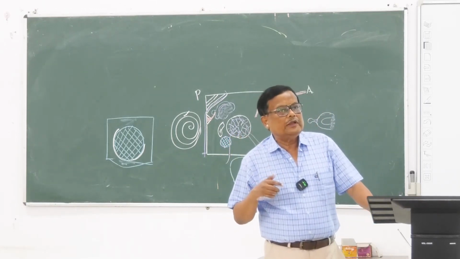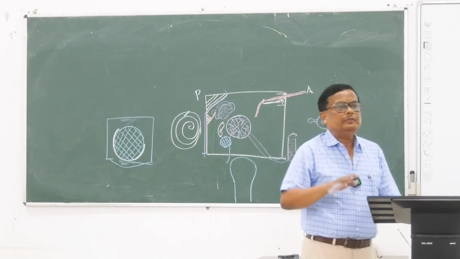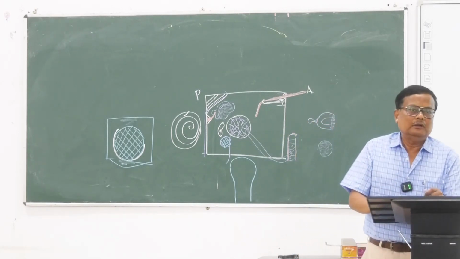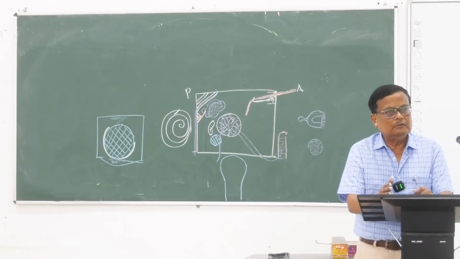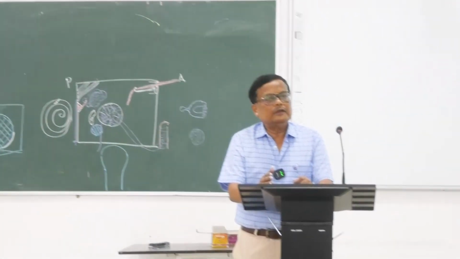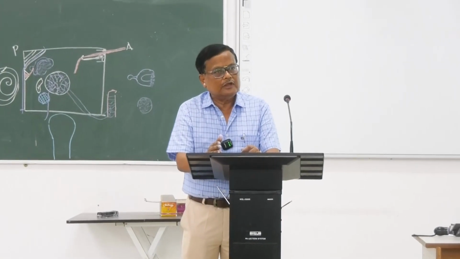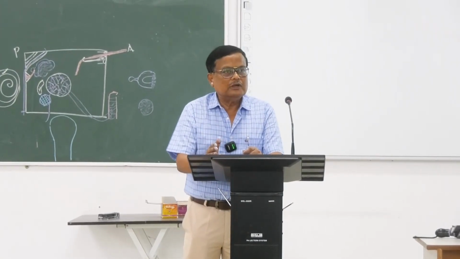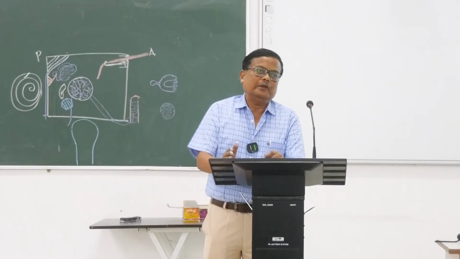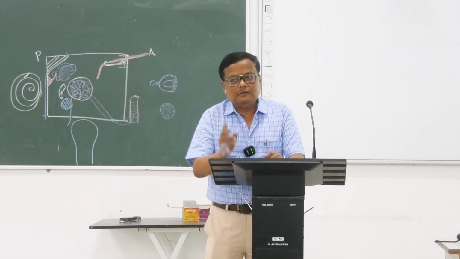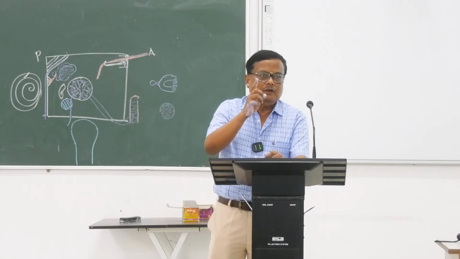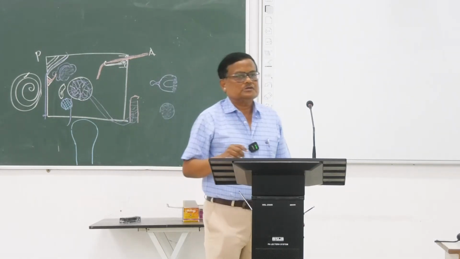Another important thing: the tympanic membrane is a trilaminar membrane, three laminae. The outer is ectodermal, lined by keratinized stratified squamous epithelium, the middle is fibrous, and the inner is the mucous membrane of the middle ear cavity. And these three layers develop from three sources.